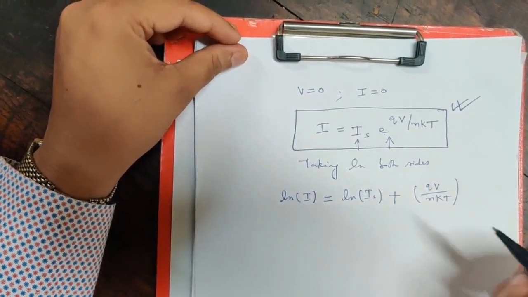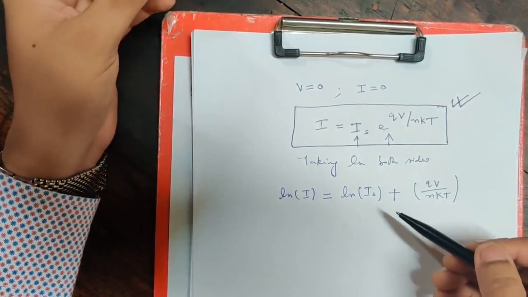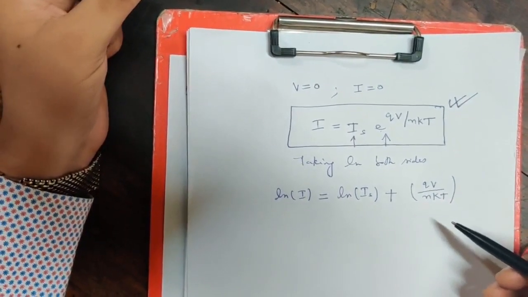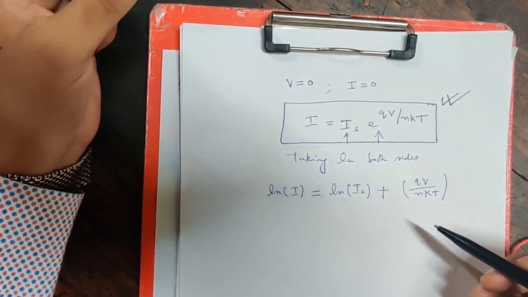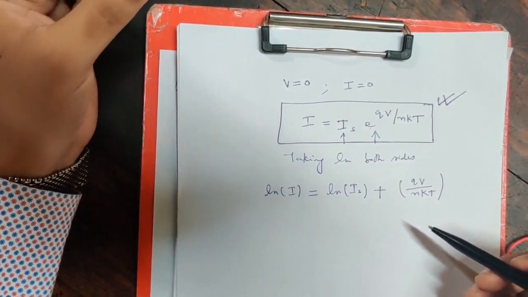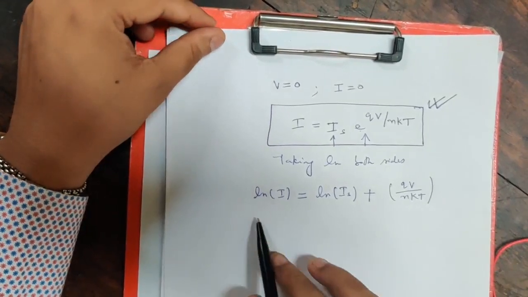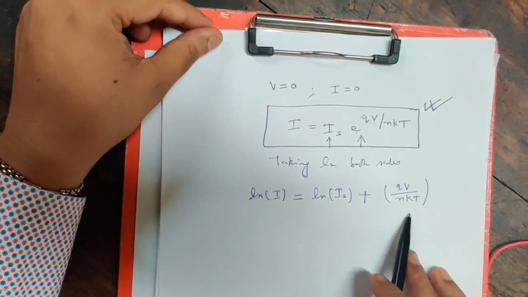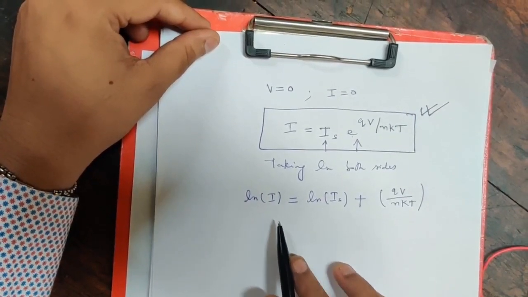Alright, and yes, you can also take log base 10, and for that you have to take the value 2.303 for log base 10.